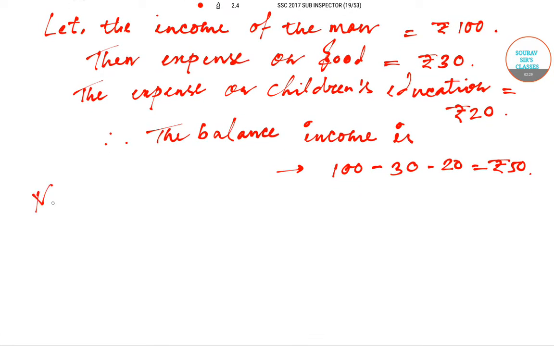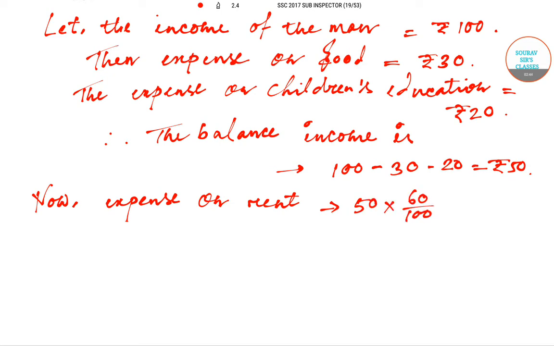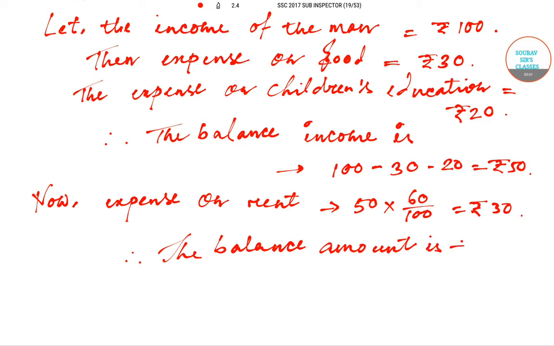So the expense on rent is 50 into 60 by 100, that is equal to rupees 30. Now the balance amount is rupees 50 minus rupees 30, that is equal to rupees 20.